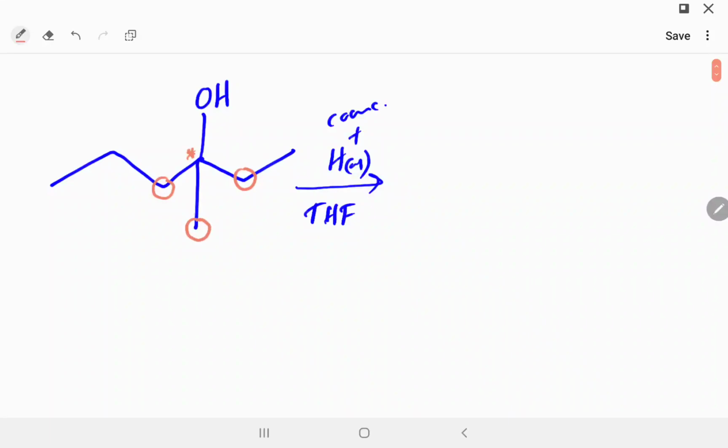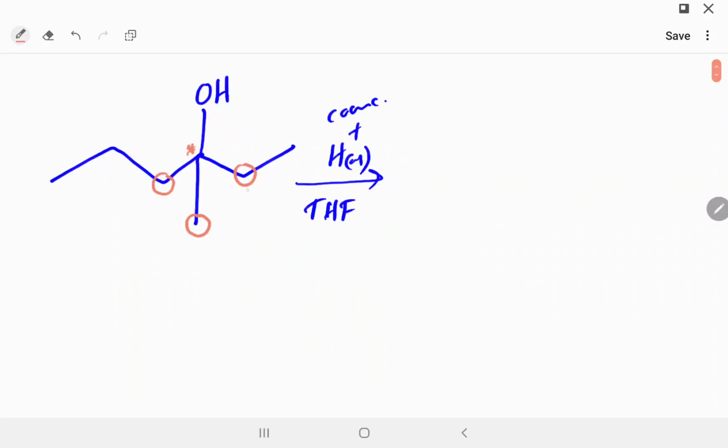Theoretically, you can take a hydrogen from any one of these neighboring carbons. Am I correct? So theoretically, you can take any one of these hydrogens and then make a double bond, right? So you have many options.